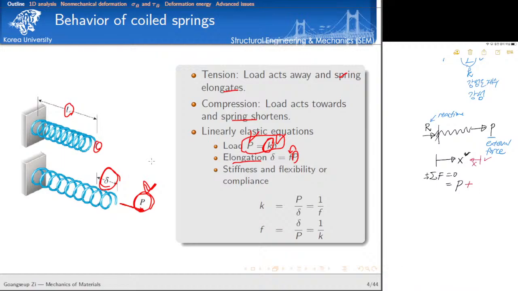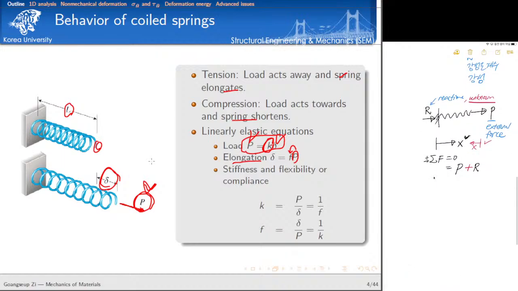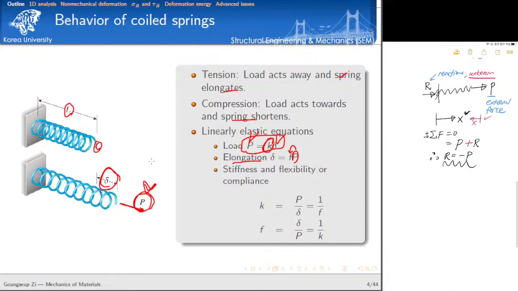And then P plus the reaction. So make sure that reaction is unknown. And this should be equal to 0. That's why here we can calculate the reaction. The magnitude of reaction is minus P. So now I want to consider a free body diagram. So let's consider this free body diagram.